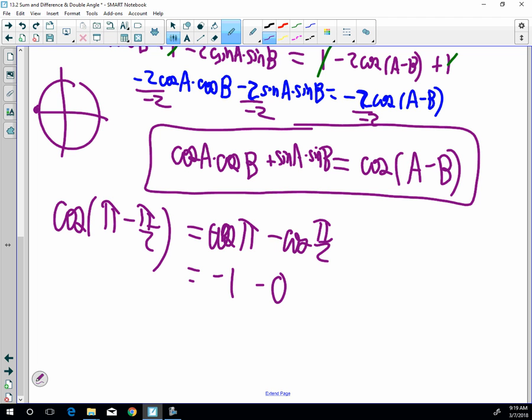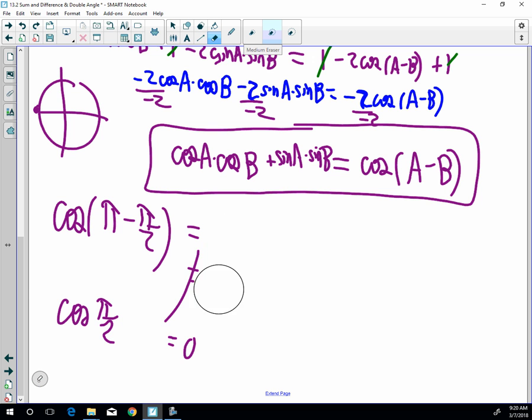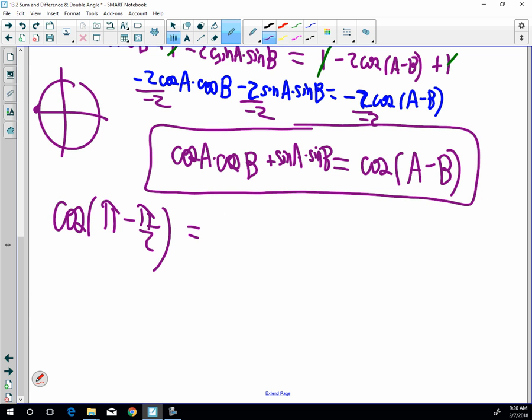Is that true? Because the cosine of pi over 2 is 0, so that's not equal to negative 1. So we can't use this formula to do that. We can't just use the distributive property. Doesn't work. But we call this A and this B, and there's a minus in between.